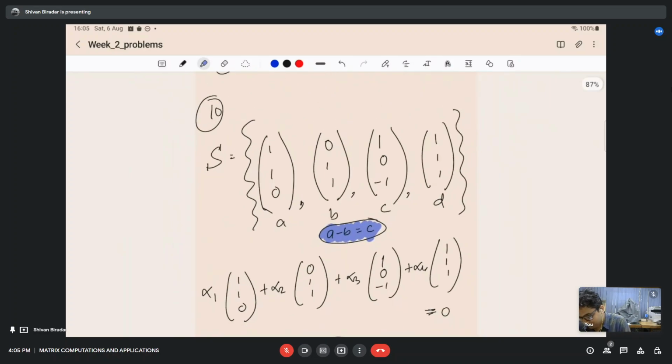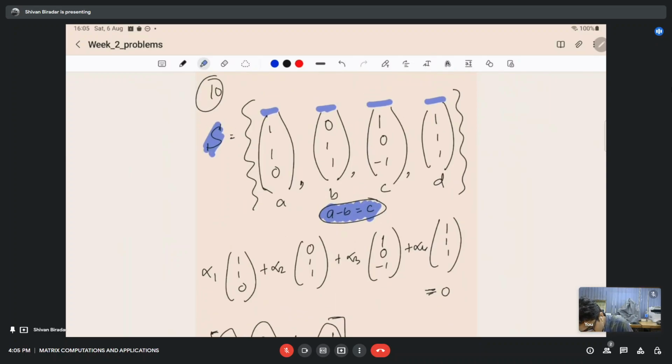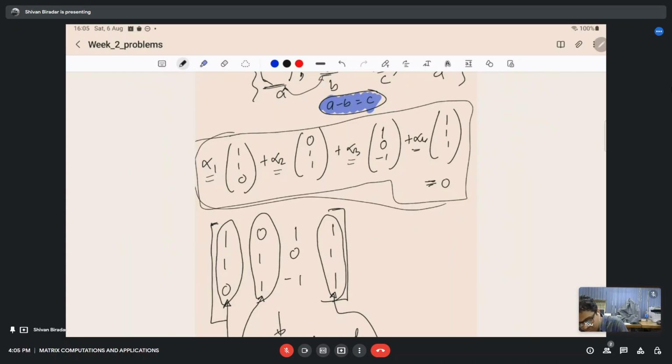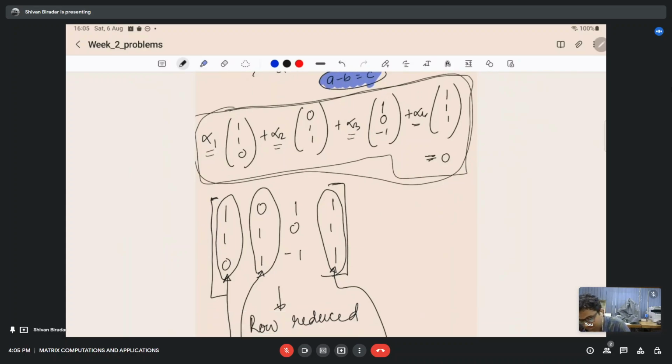I have set S which has 4 vectors, and looking carefully at these vectors, we see that A minus B would give us C. So obviously there is some dependence here. We have to find out what the dependence is. So we'll form this and see whether there exists some non-zero alpha for which this whole equation is true. So we'll do that very intelligently.